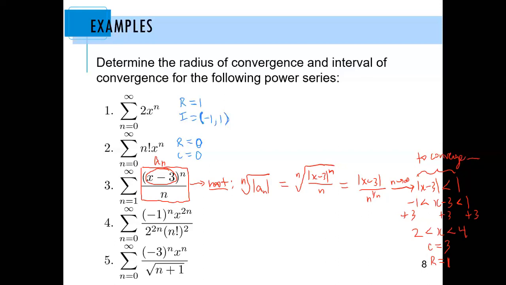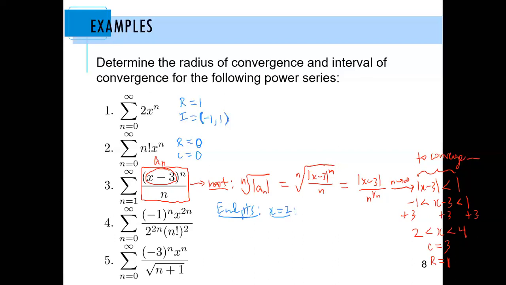And then what's the only thing left to do? What do I have left to do at this point? Endpoints? Okay, because I don't know the interval of convergence yet. So the endpoints are at 2 and 4. If I plug in x equal to 2, what series do I get?